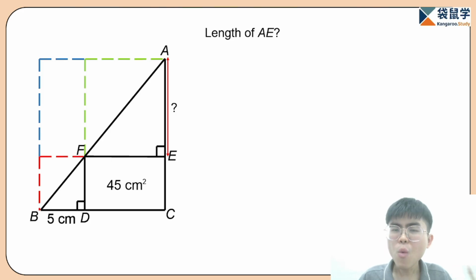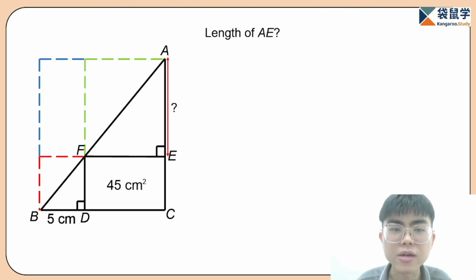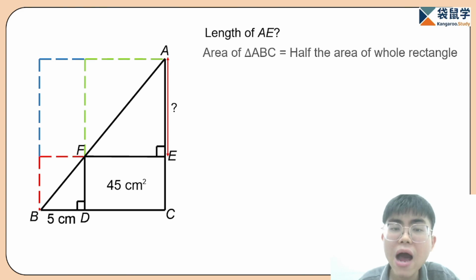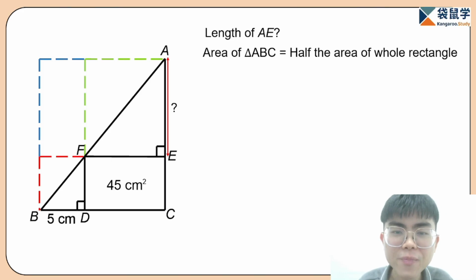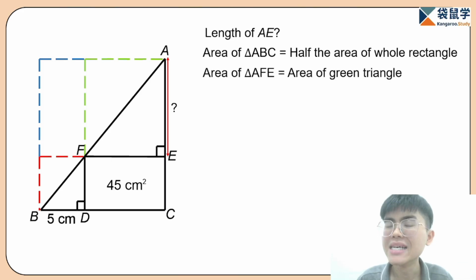So now guys, what can we say about the area of the triangle ABC and the whole rectangle? It is half of the whole rectangle. How about the area of AFE and the area of the green triangle? They are also the same, since it is the other half. Next, how about the area of FBD and the area of the red triangle?